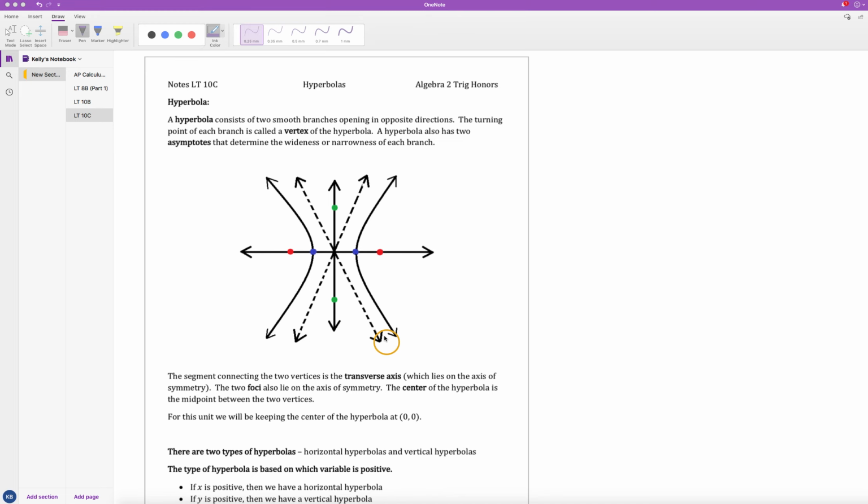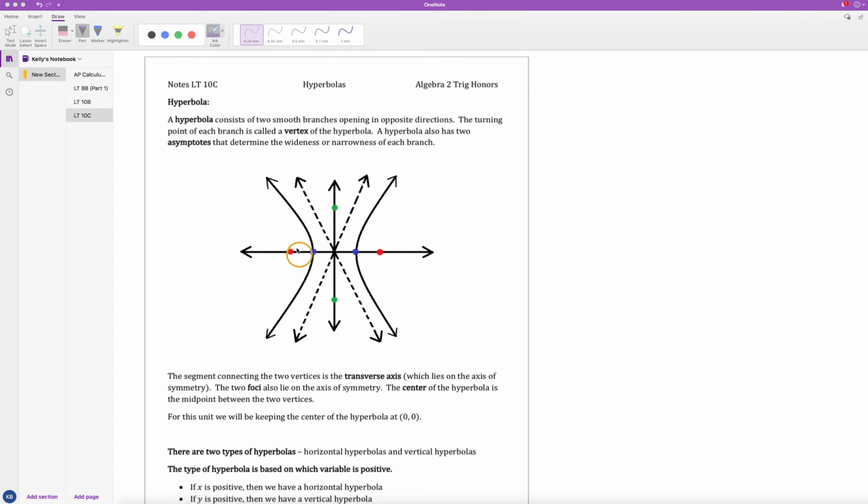Our final pieces of vocab have to do with the axis. The segment connecting the two vertices is called the transverse axis, which is also the axis of symmetry. This is similar to the major axis that we had with an ellipse. The two foci also lie on our transverse axis, or axis of symmetry.